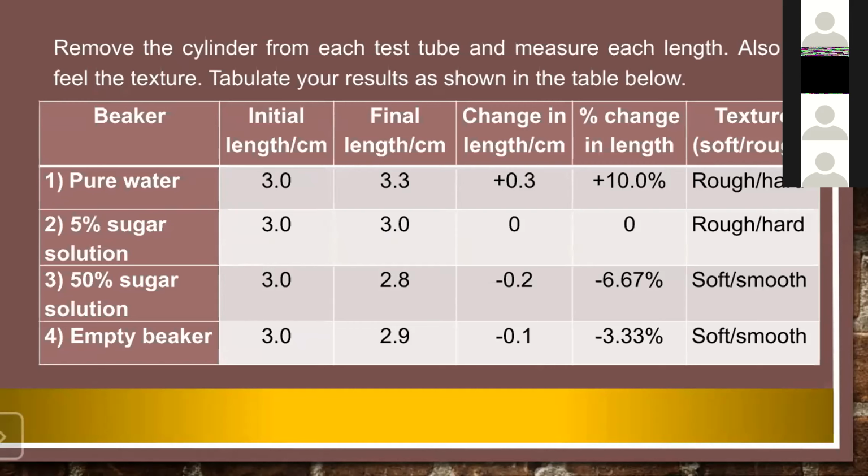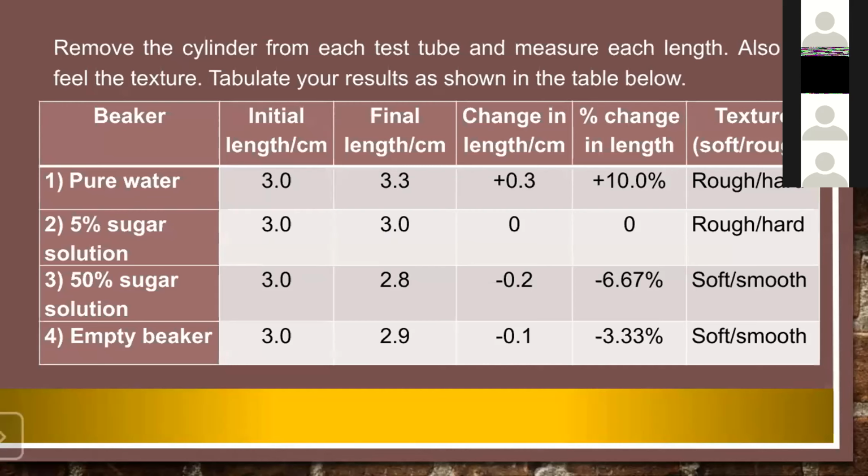Very good. There is no change in the length of the tissue. That means there was as much water that moved into it as the number of water molecules that moved out. So in the end, the length remained the same. And then we have already talked about 50%. We said that is a hypertonic solution.